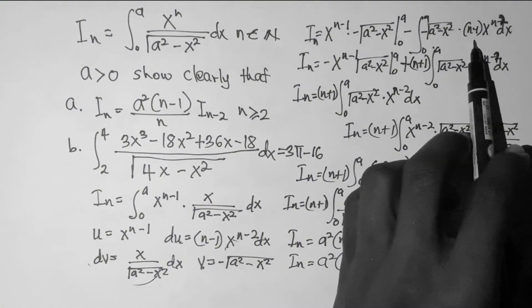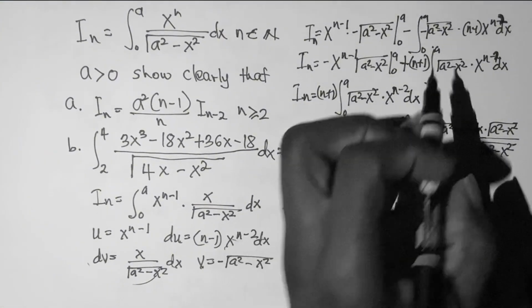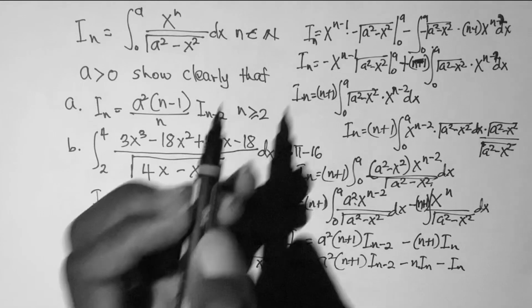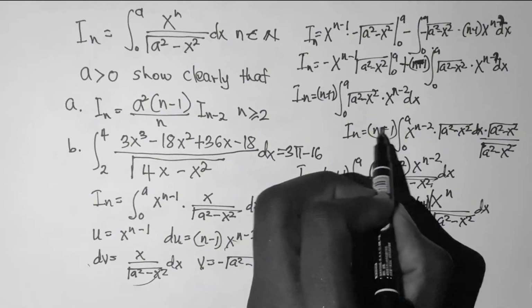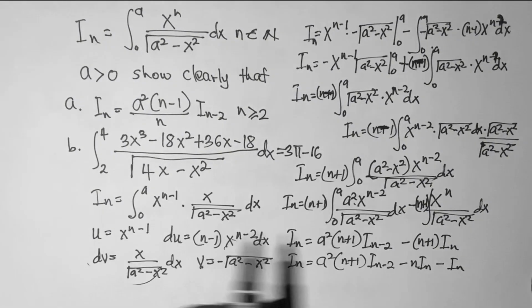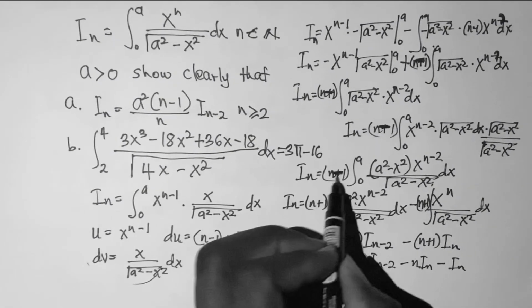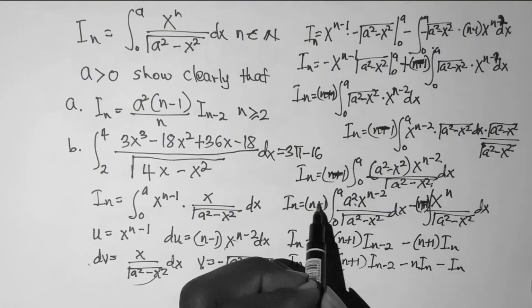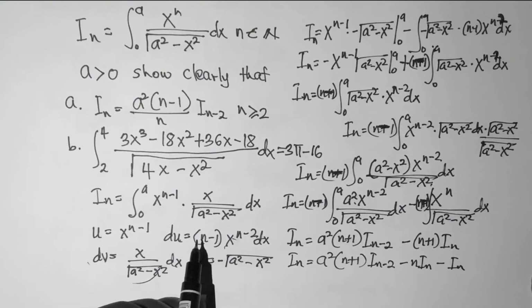Sorry, there's a mistake I made here. Here is n minus 1, so this place is supposed to be n minus 1. So all the places where we have n plus 1 are supposed to be n minus 1. Therefore, here is also supposed to be n minus 1, n minus 1, and n minus 1.